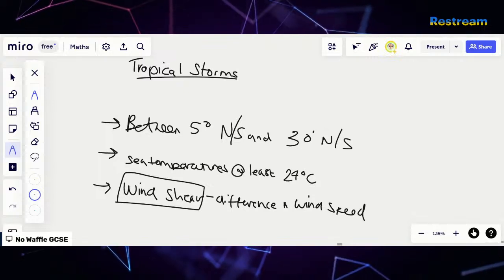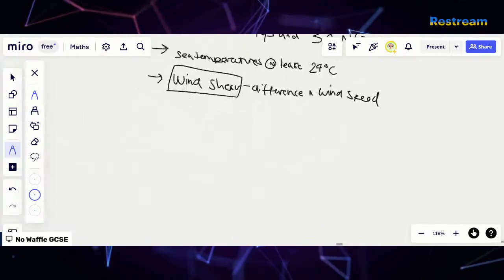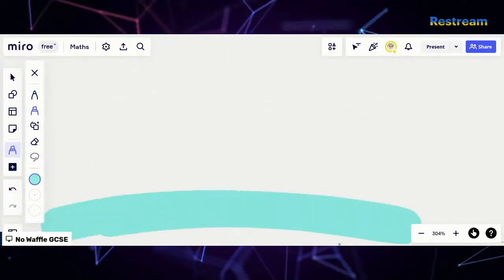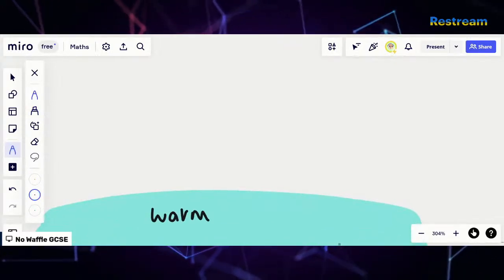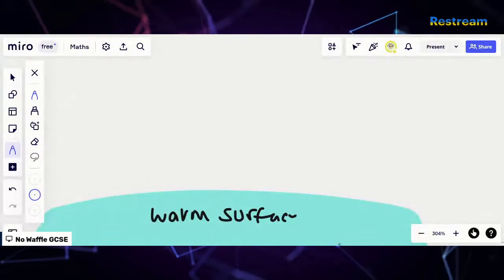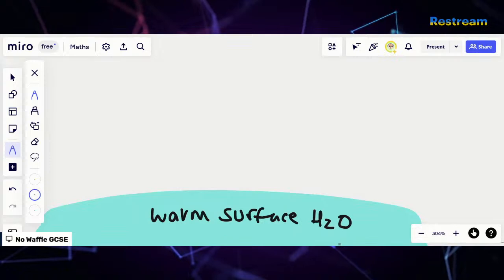Now, let's talk about how the tropical storms form. So what happens is the warm surface water rises because, as we know, anything warm always rises.